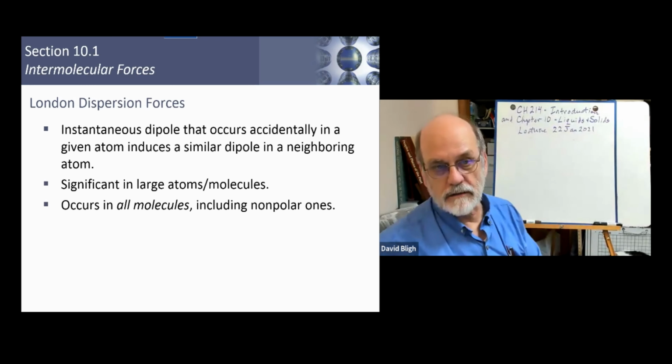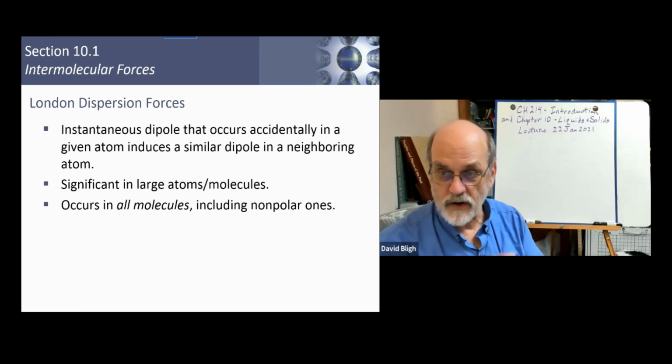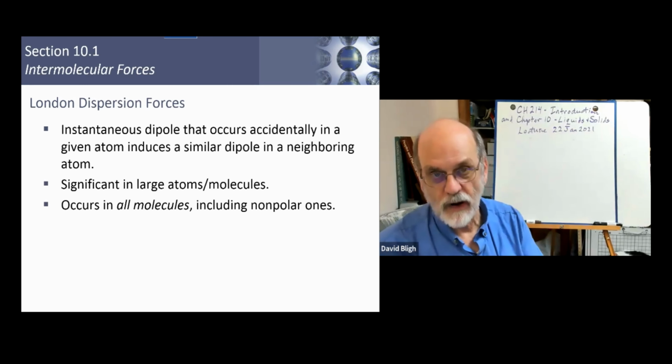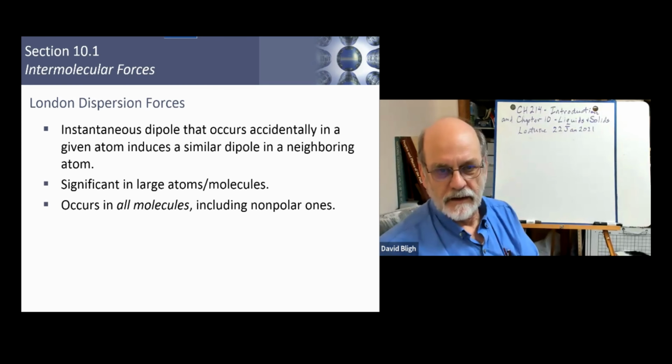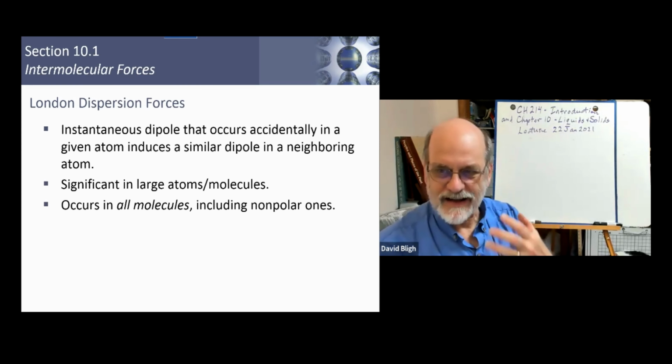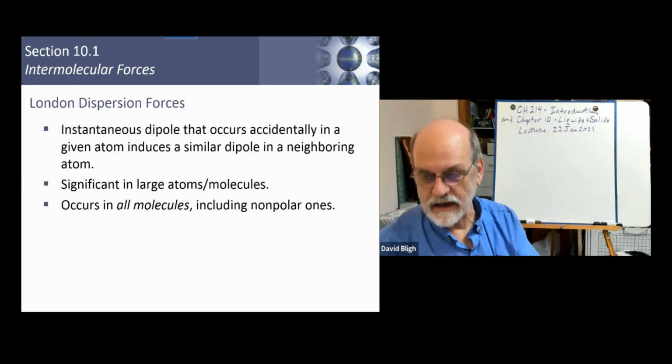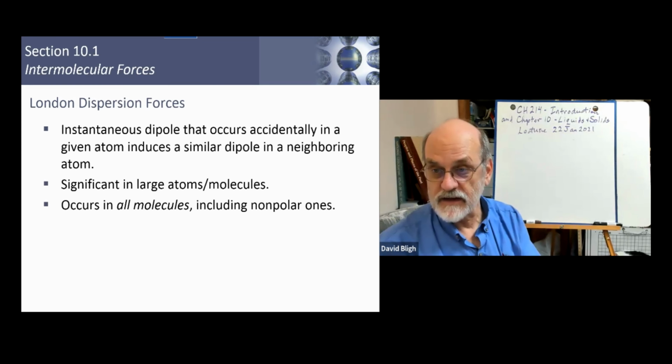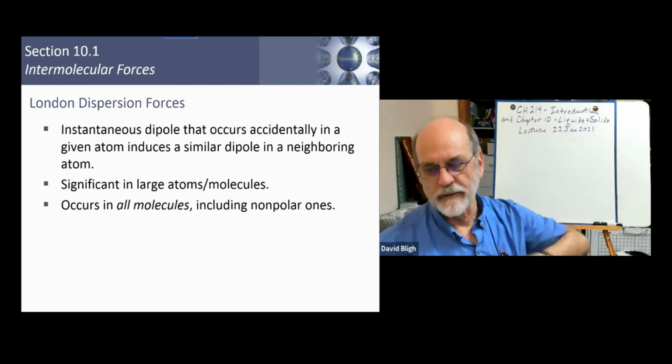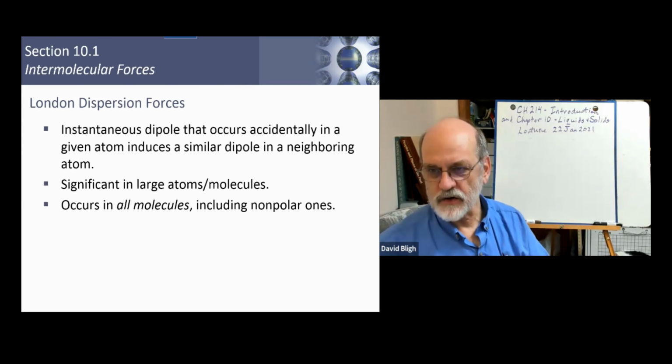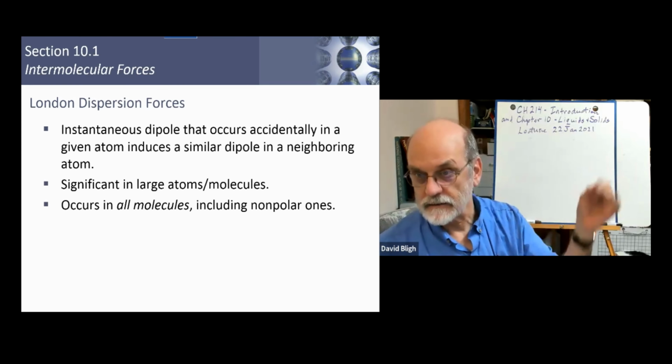Now, London dispersion forces can occur in large molecules as well. Well, small and large molecules. But the best sequence that I can think of to display London dispersion forces is the series of hydrocarbons. Okay, what's a hydrocarbon? A hydrocarbon is a molecule that has carbon and hydrogen, that's it.